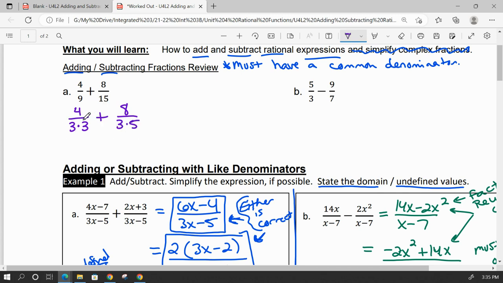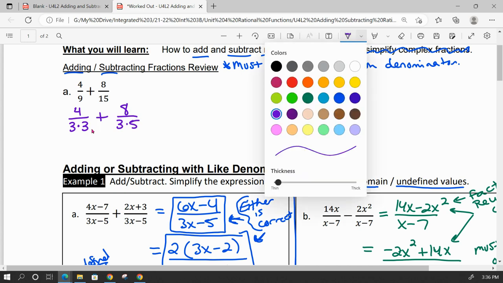So if we look at the factors of the denominators here, they already have a 3 in common. But what is this first fraction missing that this one has? Well, it already has a 3, but it doesn't have a 5, which means we need to multiply this fraction times a 5 on both the top and the bottom to make them the same.